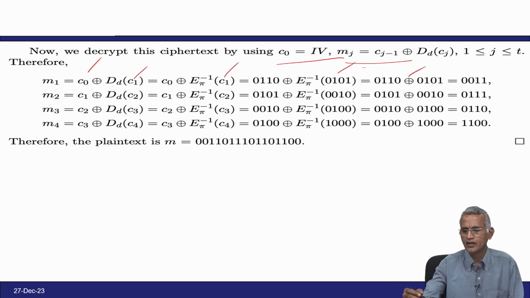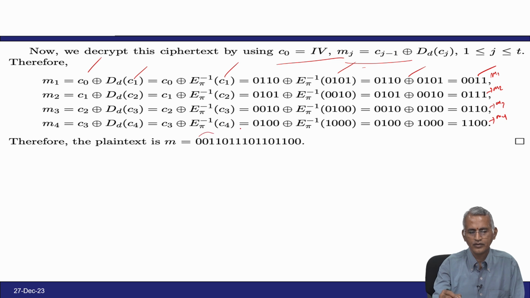Similarly M1 will come, M2 will come, M3 will come and then M4 will come, and these 4 values we can write as the corresponding plain text of the given problem.